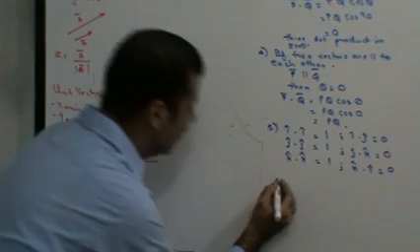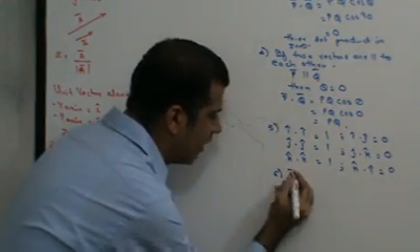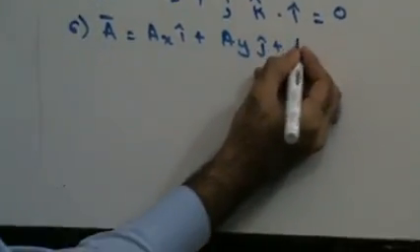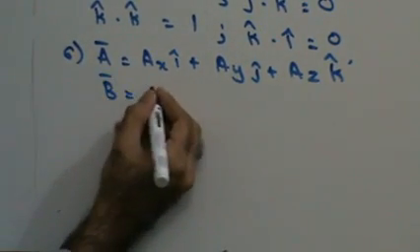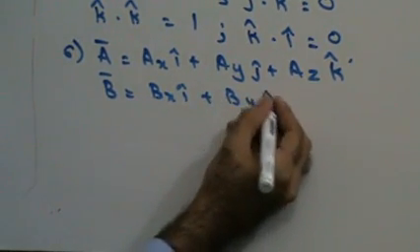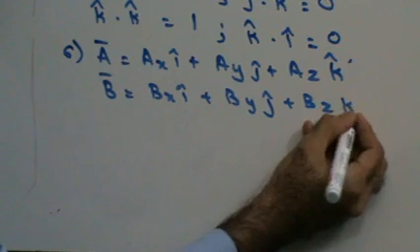Right? Now, suppose I had two vectors, A vector such that A vector was AX I vector plus AY J vector plus AZ K vector, and B vector which was BX I vector plus BY J vector plus BZ K vector. Now suppose I want to find the dot product of the two vectors, A vector dot B vector. How do I find it? What is dot product, people?